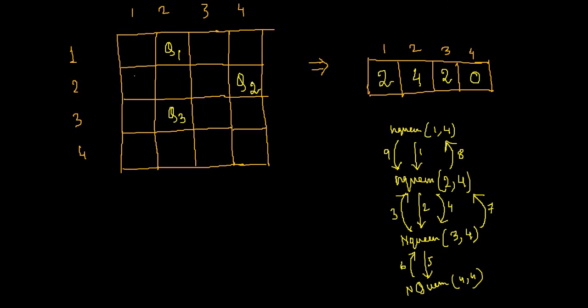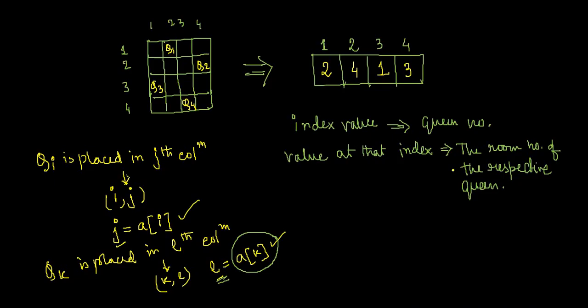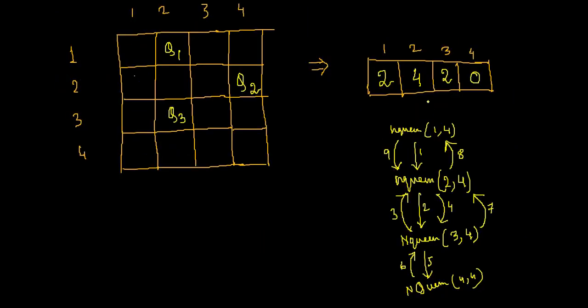From the diagram we have seen, you can see that for queen 2, 4, that means second queen for fourth index, this place function will return true, and you can store over there. So somehow 4 will be replaced by 4 itself. Fine. So queen 2 has been placed.